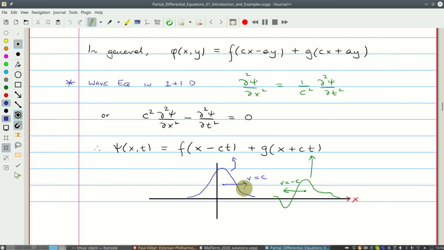So effectively it's moving that way, and likewise this function g of x plus ct moves in the opposite direction. So our solutions to the wave equation are exactly what we imagined them to be. It's combinations of waves moving left and right. We don't know what these functions are. They will depend on our initial conditions and our boundary conditions, but what we can say is that they must be of this form. This is pretty cool.